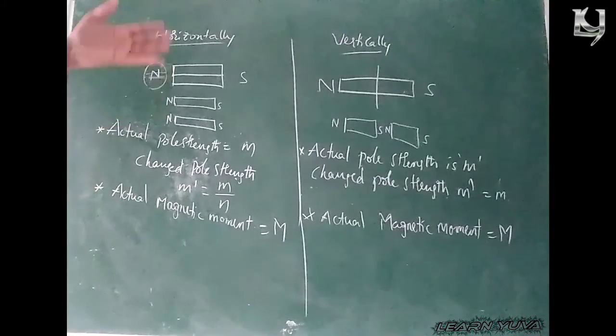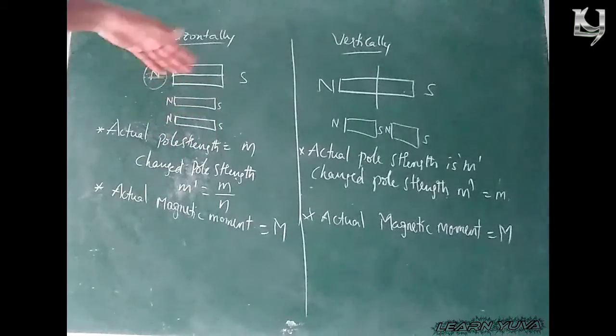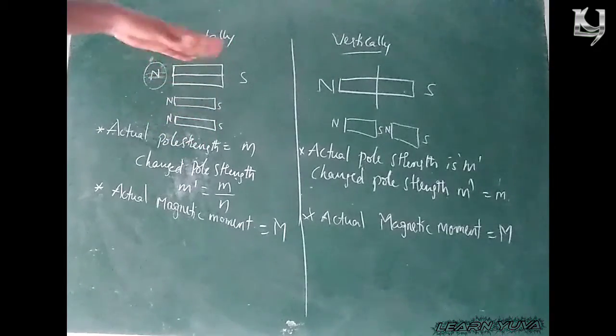But what happens to the magnetic moment when the bar magnet is cut in the horizontal direction?